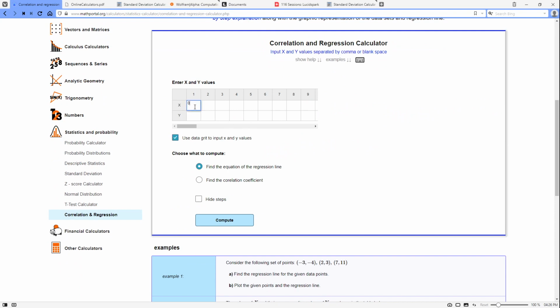So it is 0.25, 0.5, 1, 1.25, 1.5, 1.75, 2.5. And then this is 10, 25, 35, 45, 52, 60, 75, and 90.